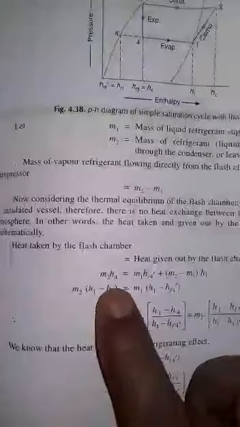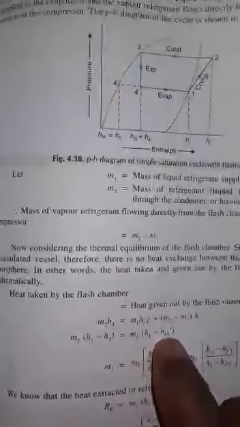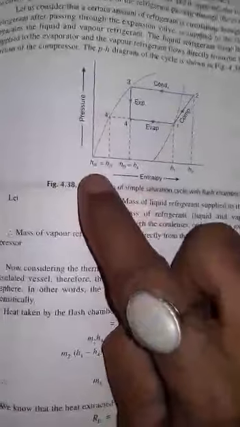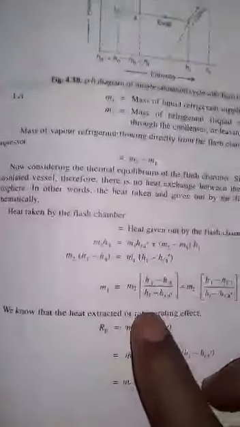So M2 into (H1 minus H4) will be equal to M1 into (H1 minus HF4'). What is HF4'? HF4' is over here, HF1 is equal to HF4'. It is very clear from the p-h chart.